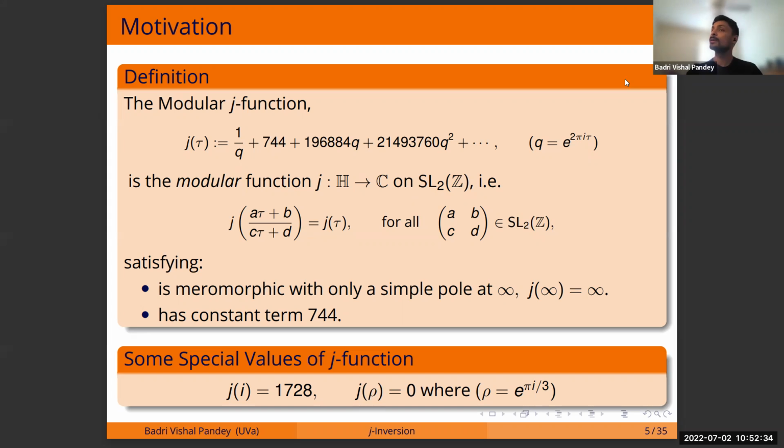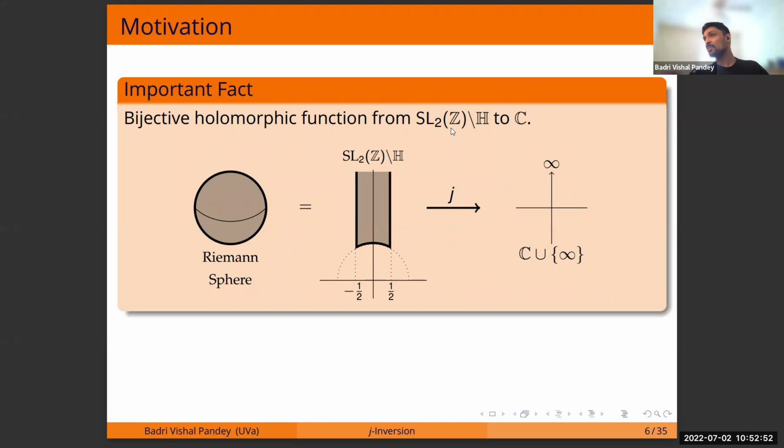Okay. So since the J function is a function on the upper half plane, and it is invariant under SL2Z, we can look at the action of SL2Z on H, right? We can mod out, do H mod SL2Z, and look at the equivalence classes, which means that all the points which are SL2Z equivalent, we club them together, right? And it turns out the fundamental domain for this looks something like this.